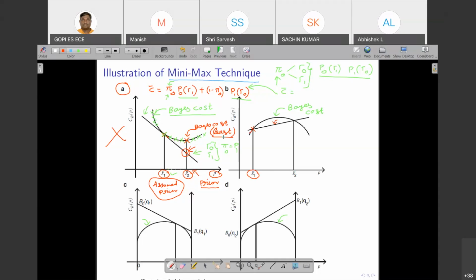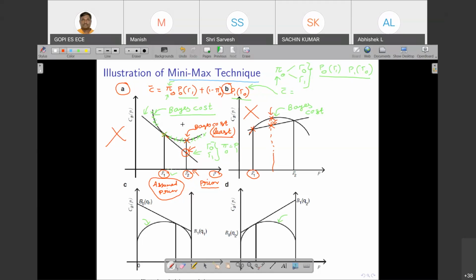If I consider this intermediate region somewhere in the middle, your base cost happens to be greater. You see that there exists another rule which is lesser than this base cost. So this is also not valid.